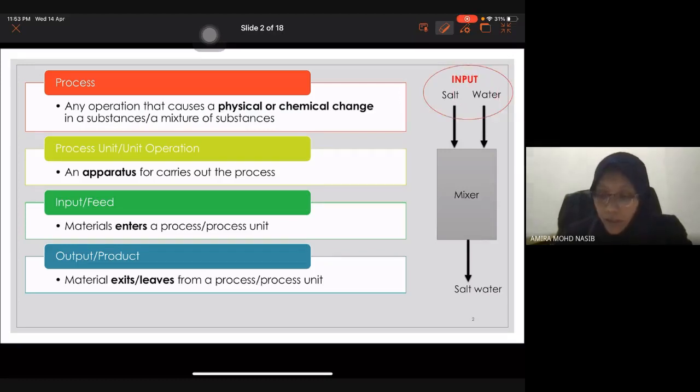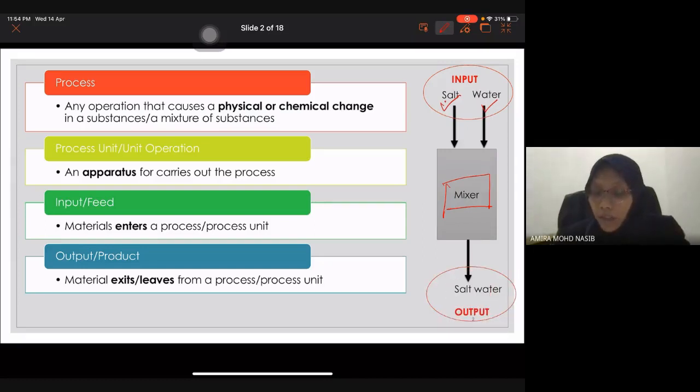So let's say we have a mixture here. You want to mix salt and water in this example. So these are your input, salt and water.